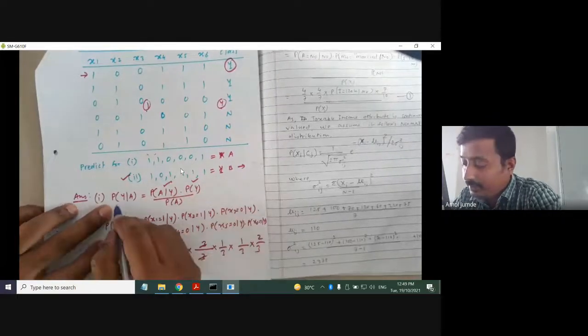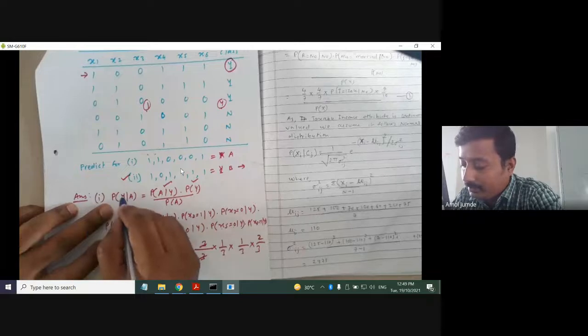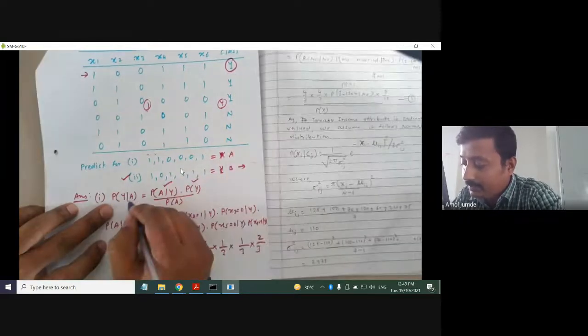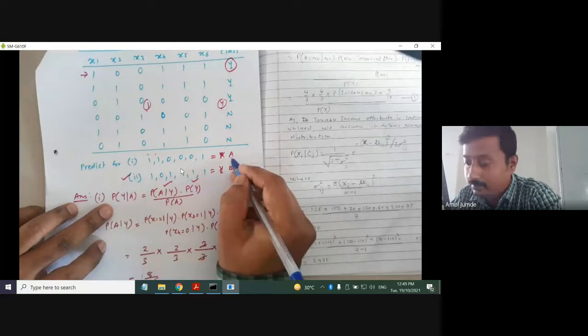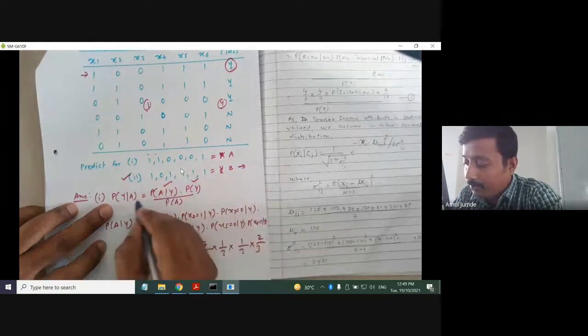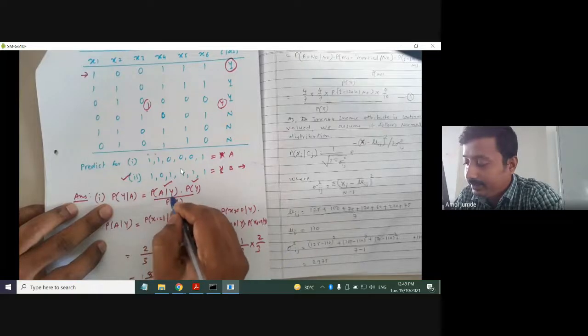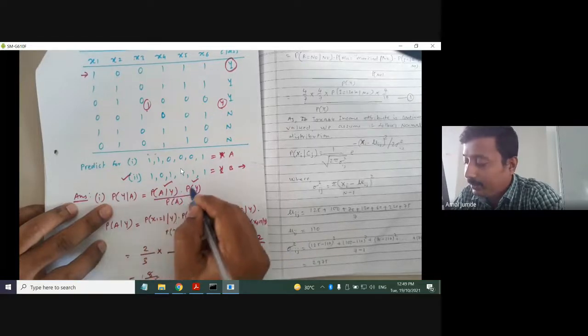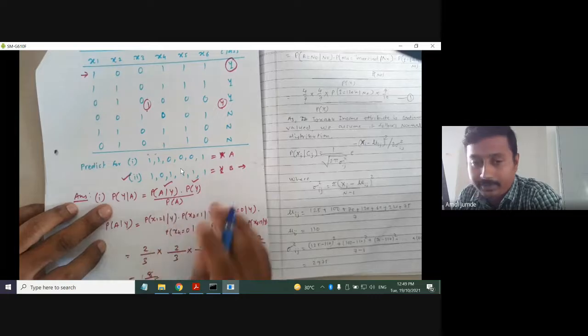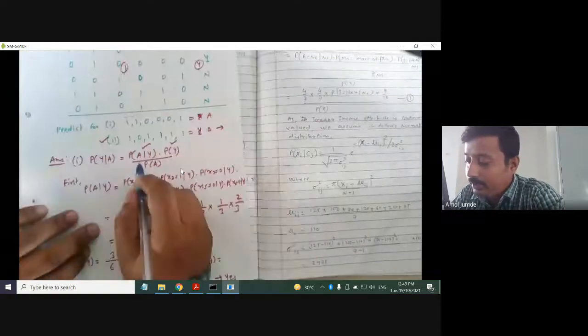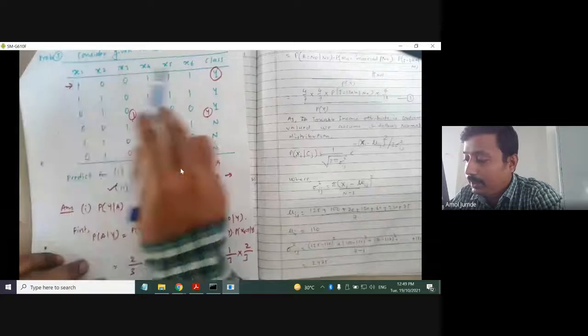We are interested in finding the probability of yes class given sample A, which is this one. According to Bayes rule, it will become probability of A given yes into probability of yes divided by probability of A. Now A is made up of 6 attributes, x1 to x6.